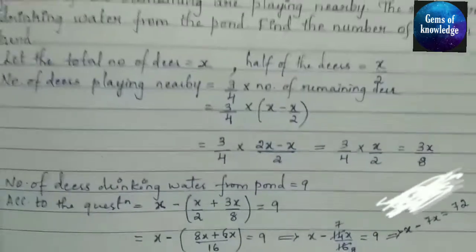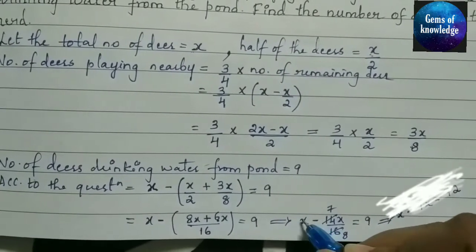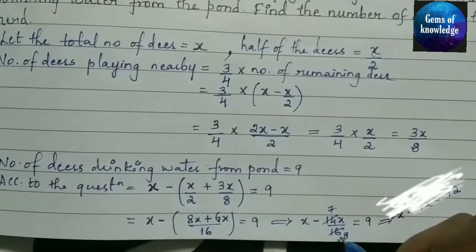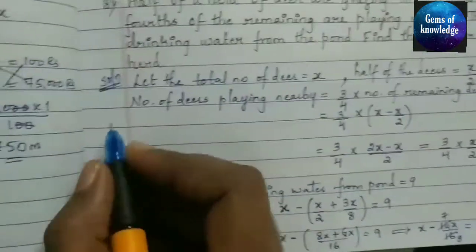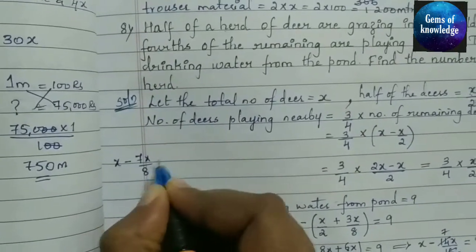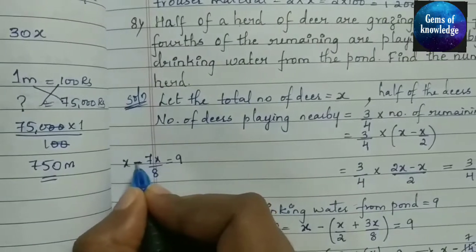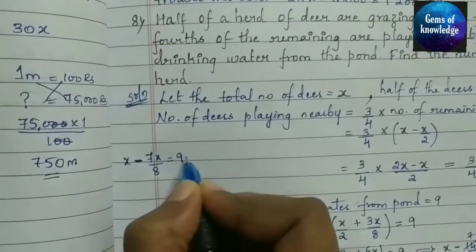Before you take this 8 to this side, you have to multiply this 8 into this x. Let me show you here. This was taken as x minus 7x by 8, which is equal to 9. You can see a minus sign here, so directly we cannot take this number to this side.